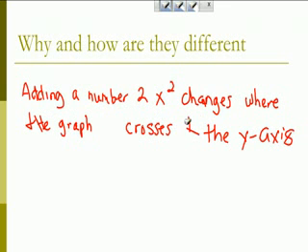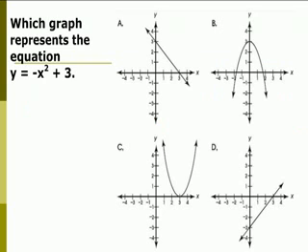Get rid of this stuff then. So we found out that adding a number to x squared changes where the graph crosses the y-axis, and that's all you have to do. That was simple, 4 points.